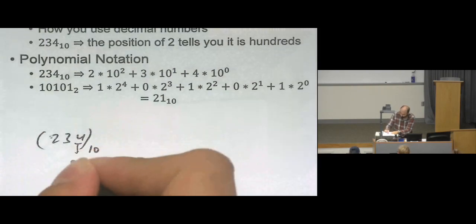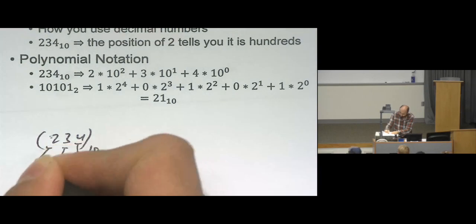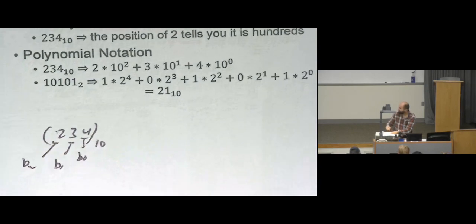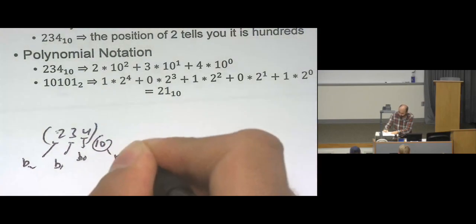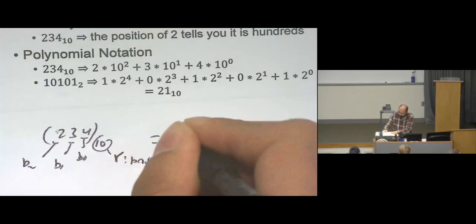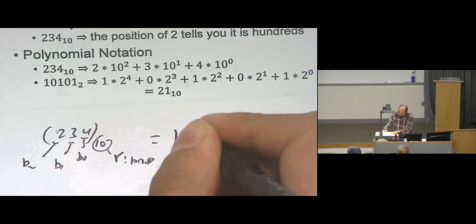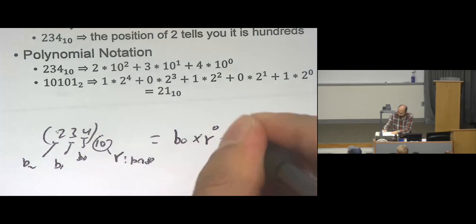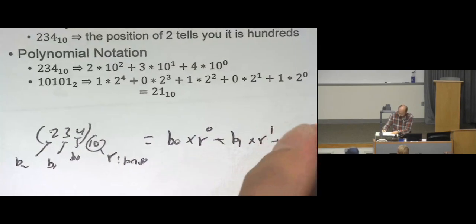The location of this one, let's call it B0, this is B1, this is B2, and here is the base. Let me call the base R. I will say B0 times base power 0, plus B1 times base R power 1, plus B2 times base R power 2, and so on.